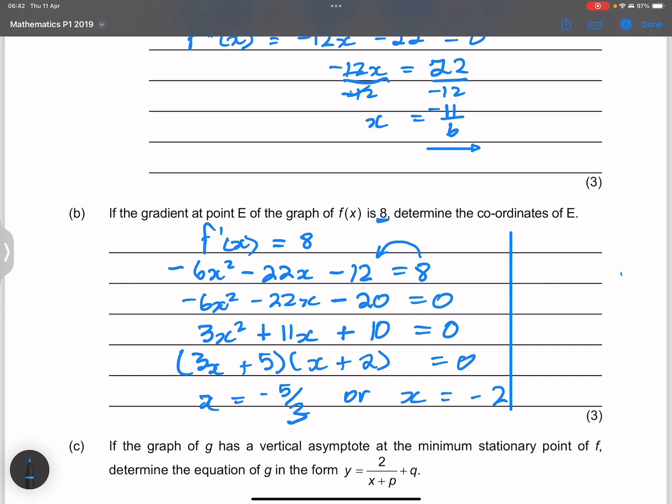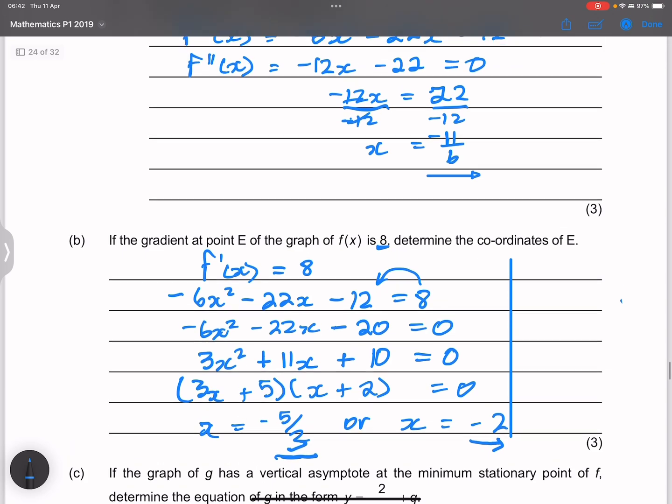Right, so we've established that x will be negative 2, right? Because definitely this value is actually greater than our point of inflection, and we know that point E was actually less than the point of inflection.